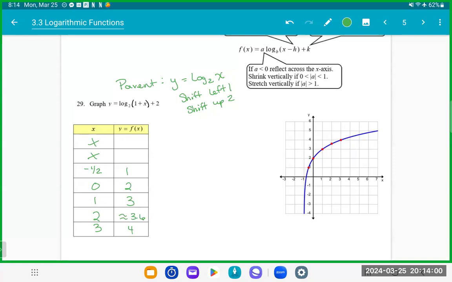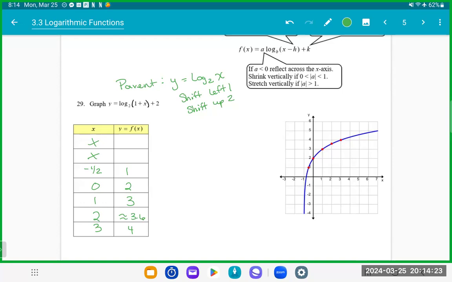Remember, we have our original graph, and this is shifting it left 1 unit and up 2 units, and then we get this blue graph here.